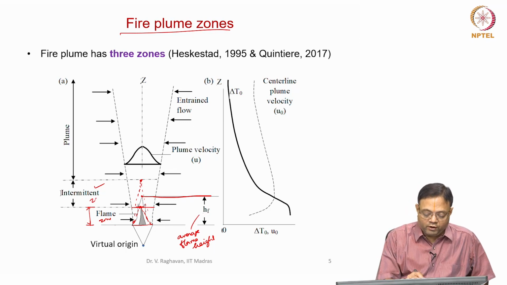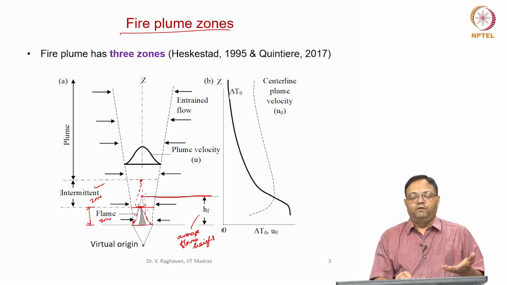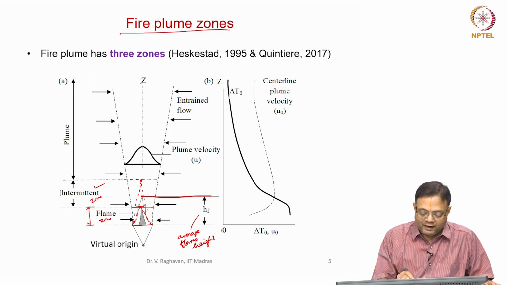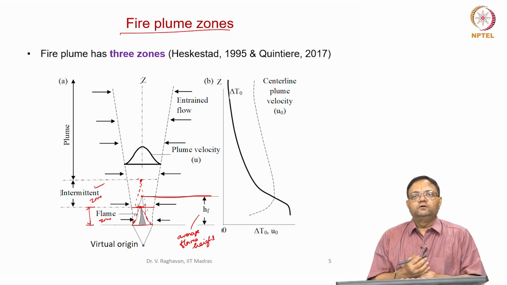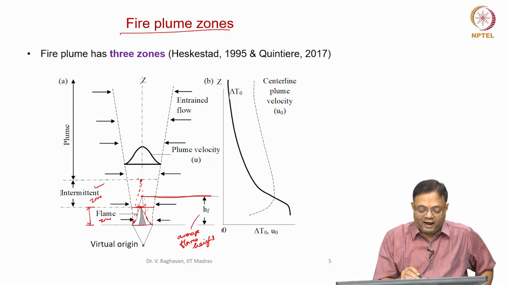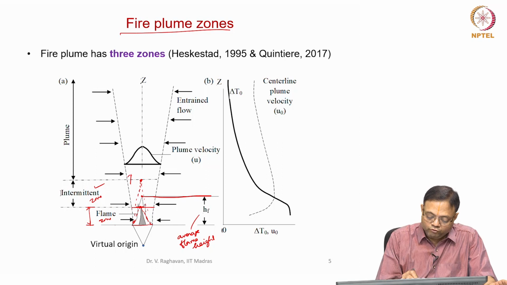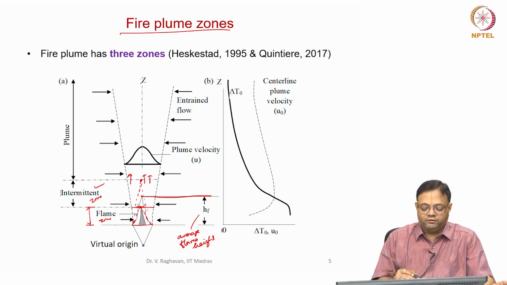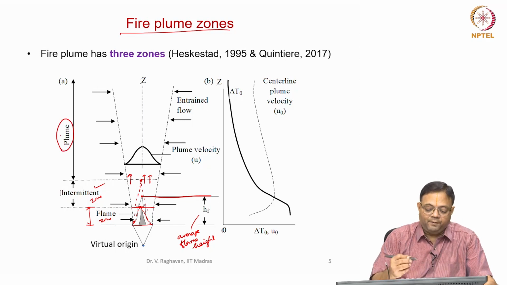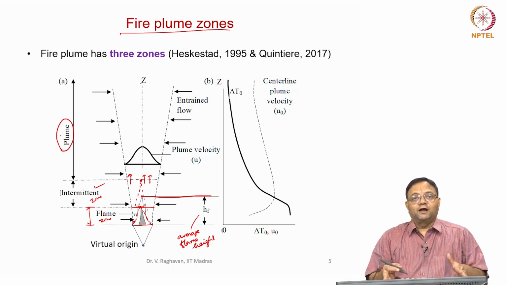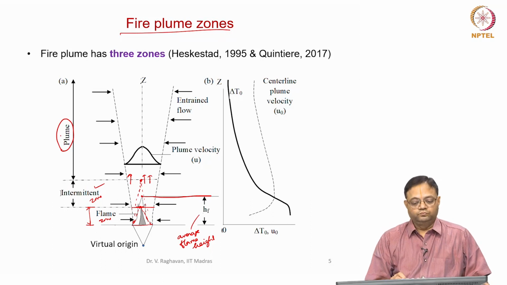The intermittent zone is one in which flame is seen, but not always, and it takes into account the maximum flame height which is visibly seen. Then after this, the flame is never seen, only hot gases rise up. The zone of hot gases over the flame, as I told previously, is called the plume zone.